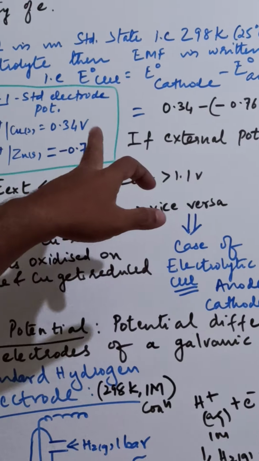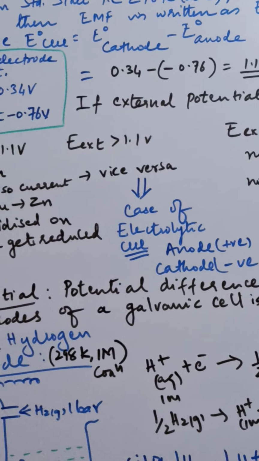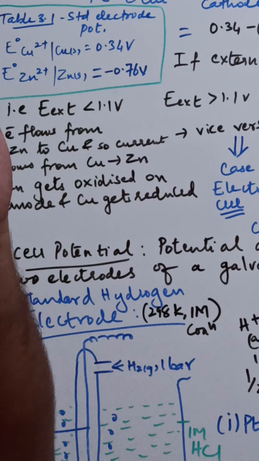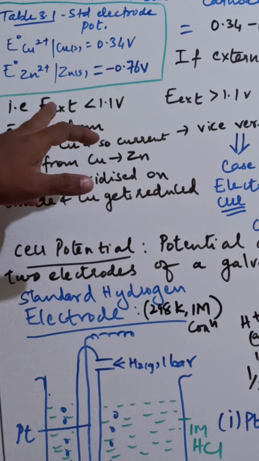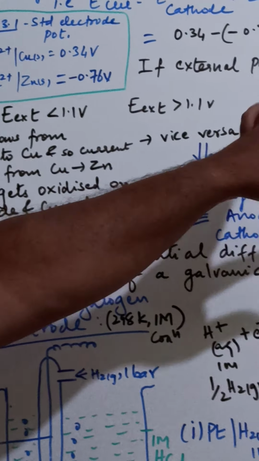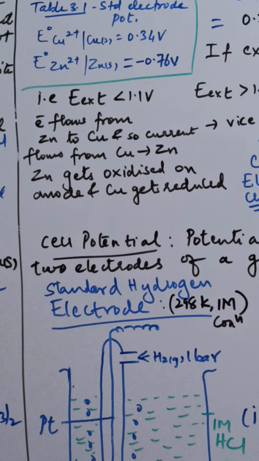Now if external potential is applied, the whole scenario changes. If the external cell potential, E external, we are putting onto this is less than 1.1 volt, greater than 1.1 volt, or equal to 1.1 volt, what really happens here?